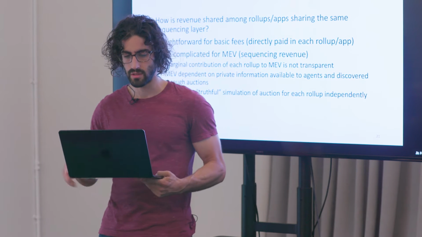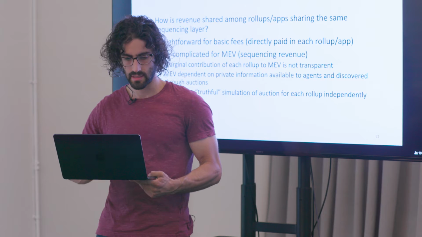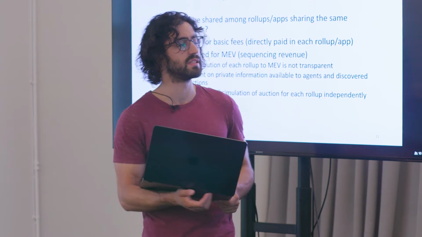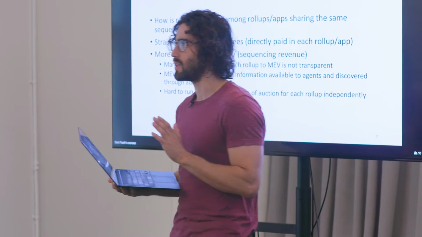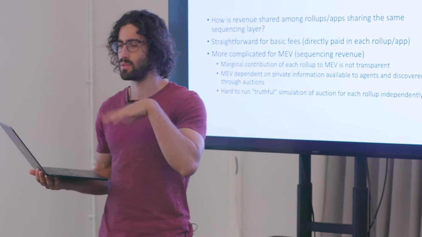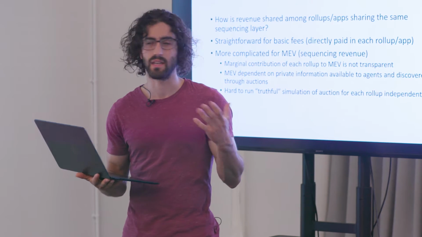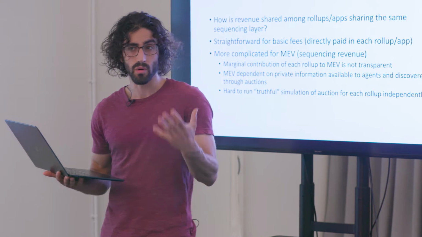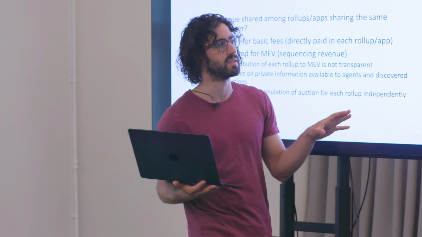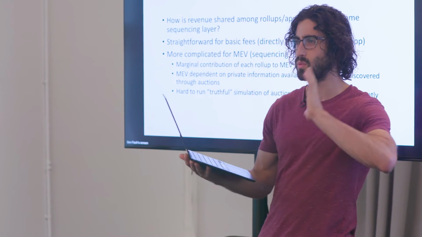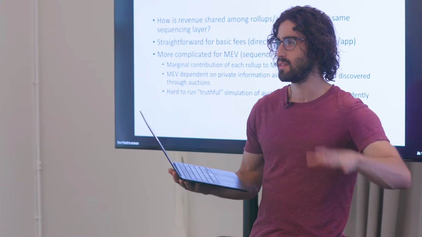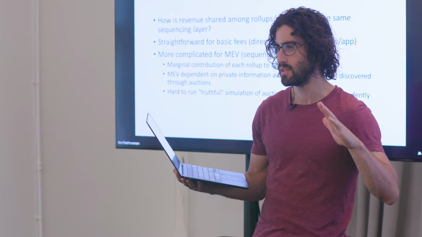The second question has appeared in multiple contexts, and as I mentioned, it's connected to order flow auctions. Specifically, if rollups were to run their own chain, they would be generating some profit from MEV.